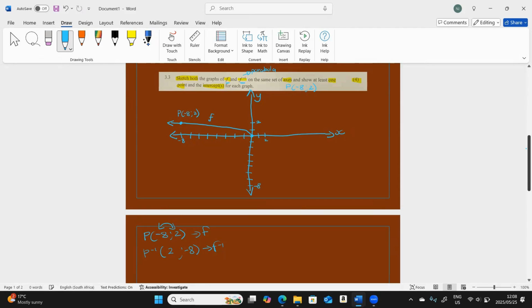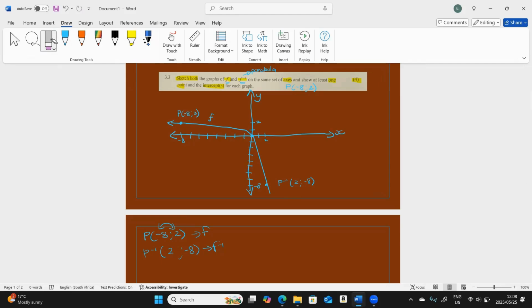Now, when we plot that coordinate, it would be over there. And then this is then the inverse of P, which will then be 2 and negative 8. And that is how you get your point on your parabola. And then you just go and draw, because we know it goes through the origin.